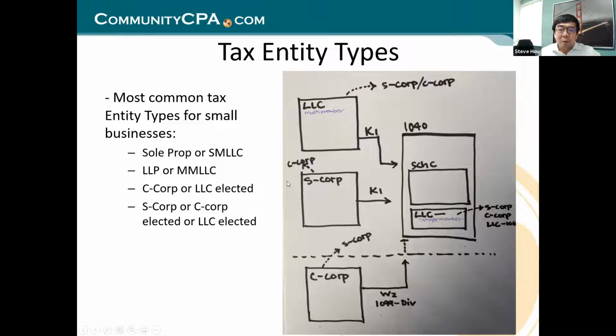Okay, and the focus of this talk is mainly on the tax aspects of the business entities. As a tax entity, the classifications are a little different from the legal entities.